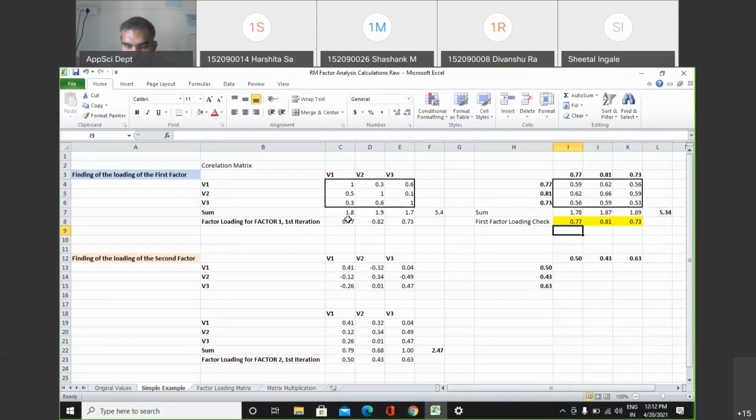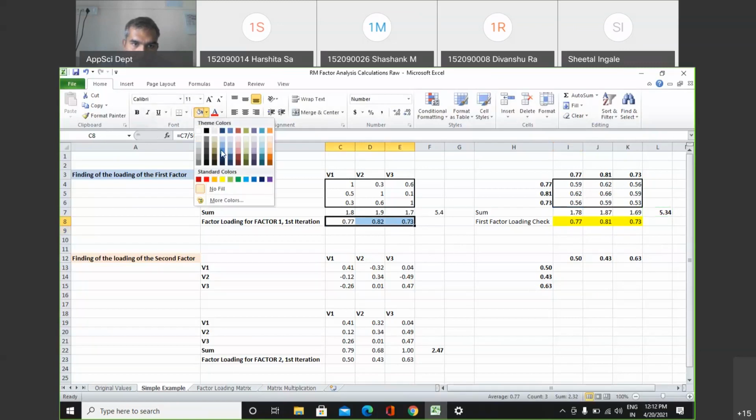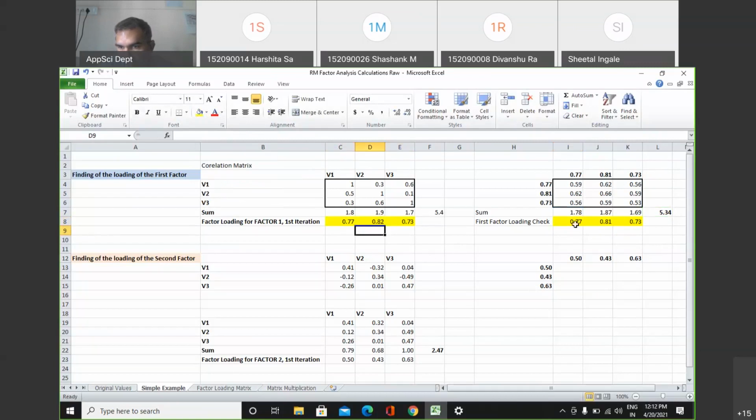So here we can see these values and the values here match. Then we say that we have got a factor loading for one factor. Otherwise, we do that next step until we get the same values in these two.